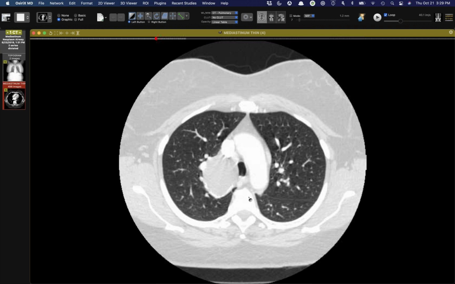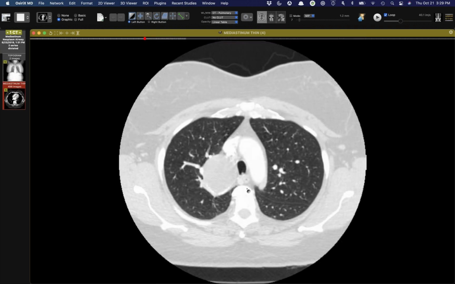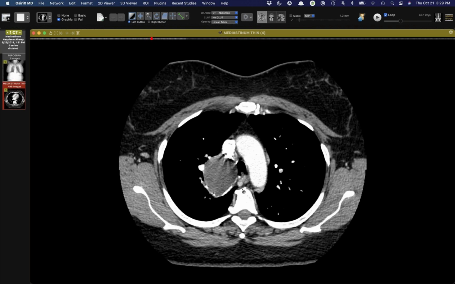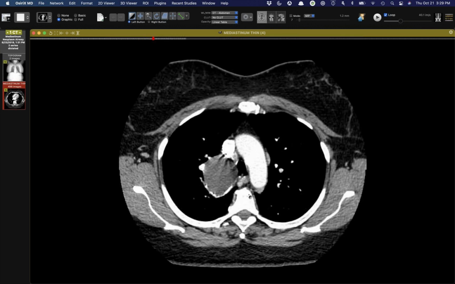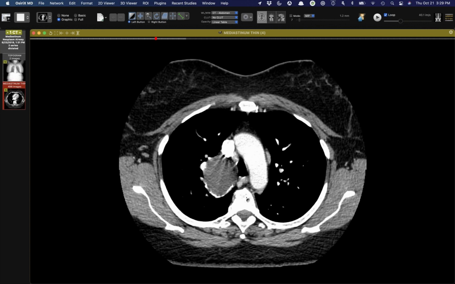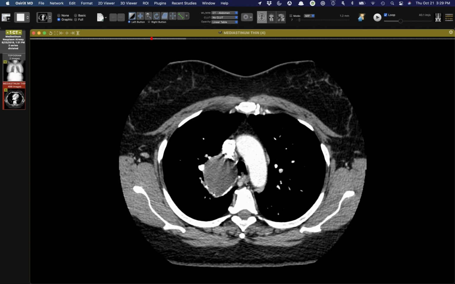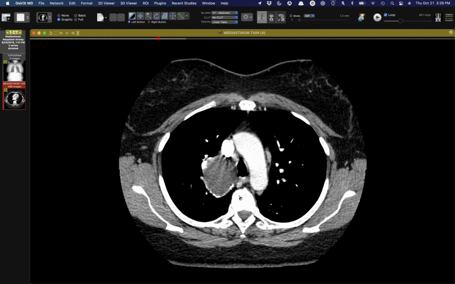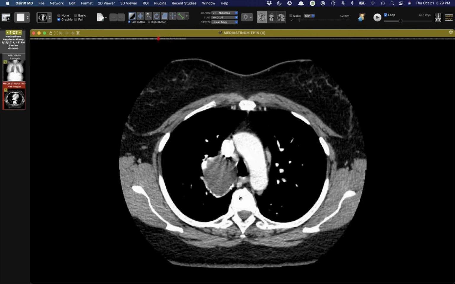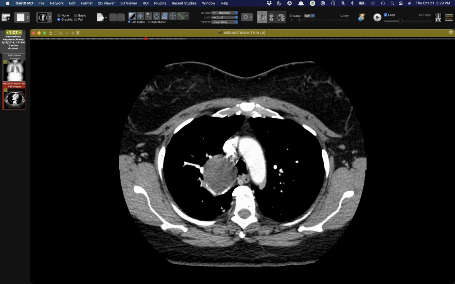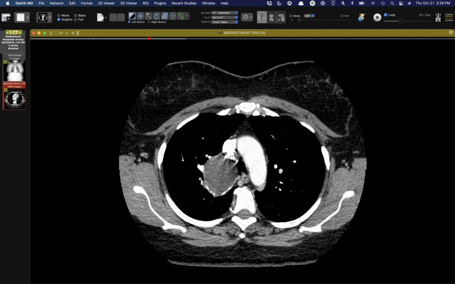The other thing that's interesting, and you can see it on lung windows, maybe you saw it going through here, there's this little divot or this little bump in the posterior aspect of the trachea. And so this was followed, I think on the initial scan, this was an outside scan. I don't know if it was not detected or thought to be mucus or whatever, but on follow-up after resection of the bronchogenic cyst or foregut duplication cyst, this actually was still there, and they went in and snipped it out.